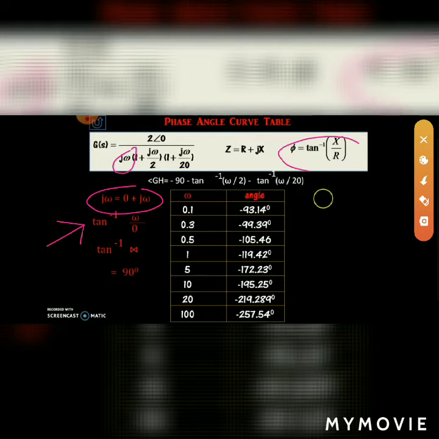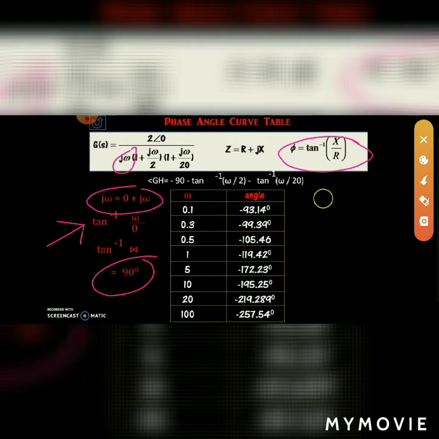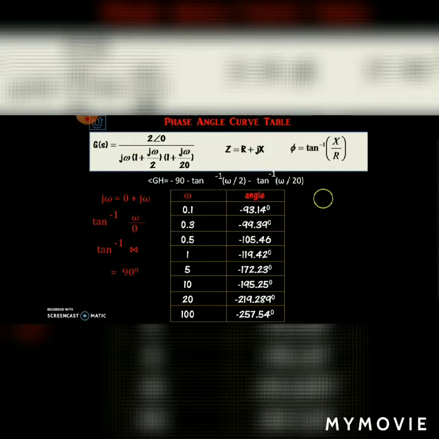In terms of the formula, it becomes tan inverse of omega by 0. Anything by 0 becomes infinity, so it becomes 90, which is in the denominator. When you take it to the numerator part, it becomes minus 90.